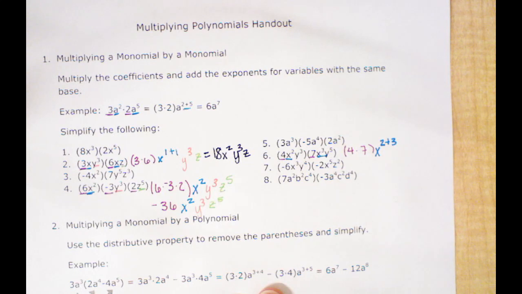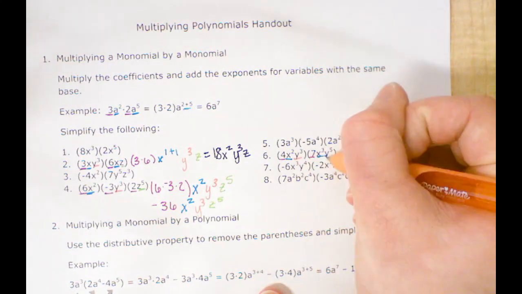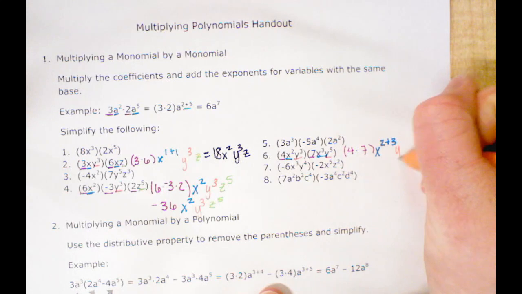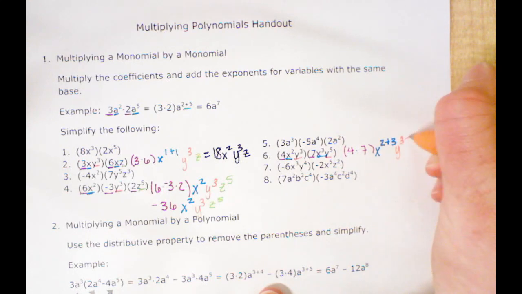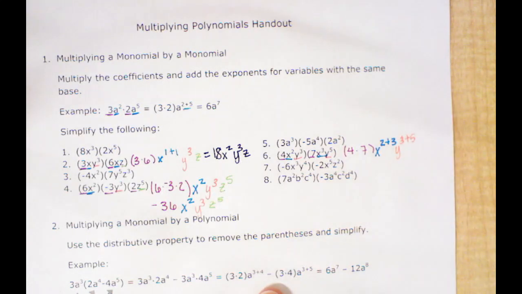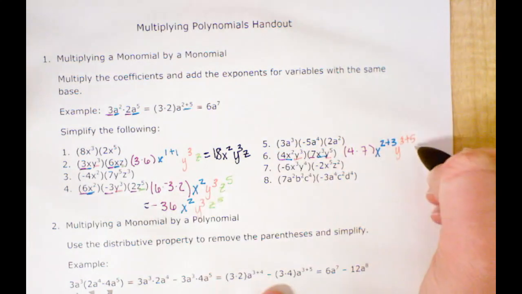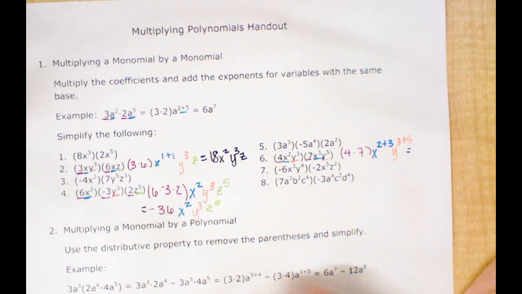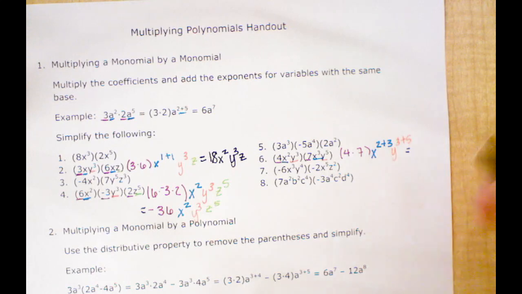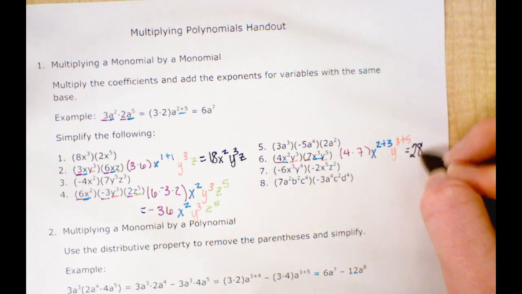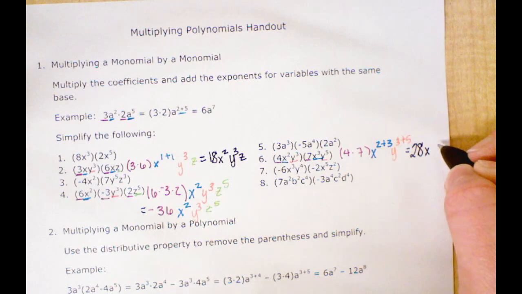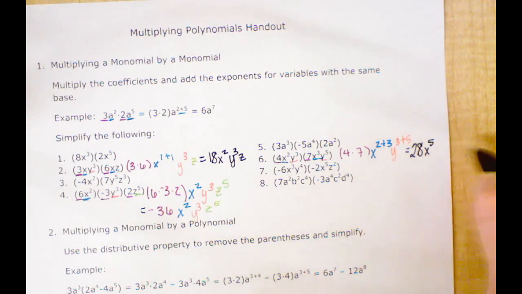And then we have y cubed and y to the 5th. So we get y 3 plus 5. Okay? You put an equal sign down there. What does this end up going to? We have 4 times 7. What is that? 28. X to the what? To the 5th power. And then we have y to the what? 8. Okay.